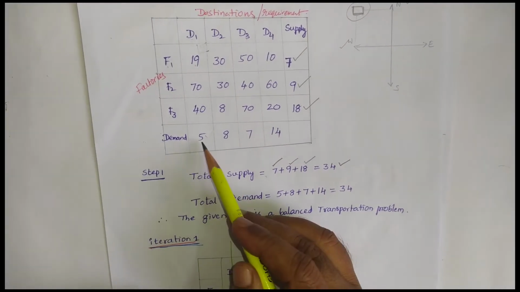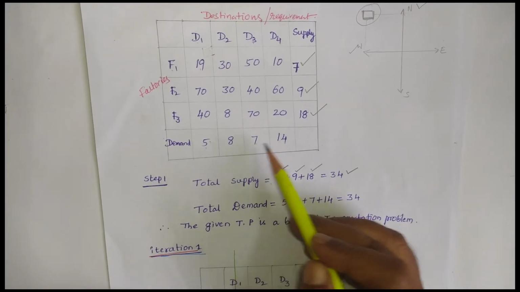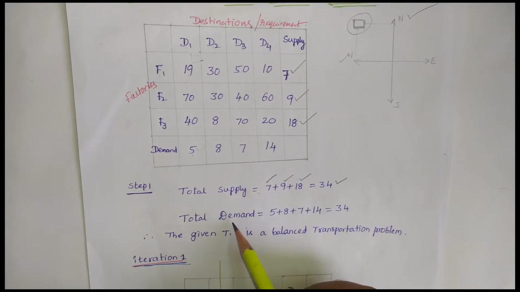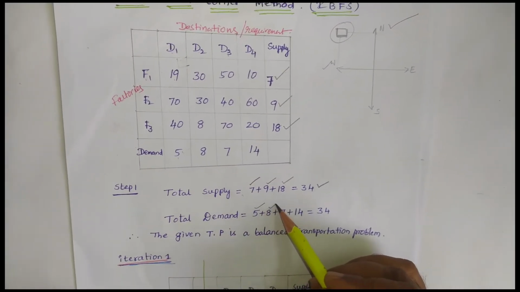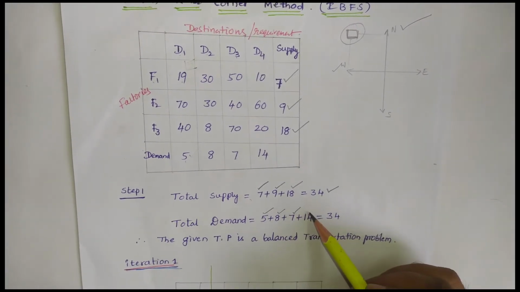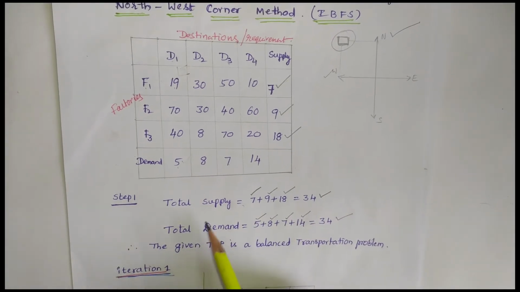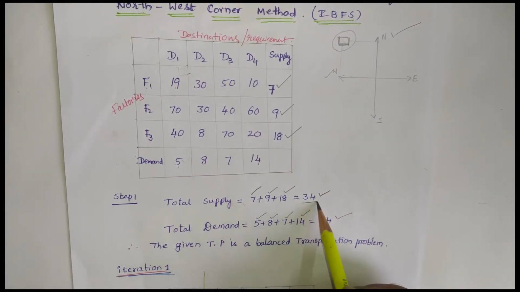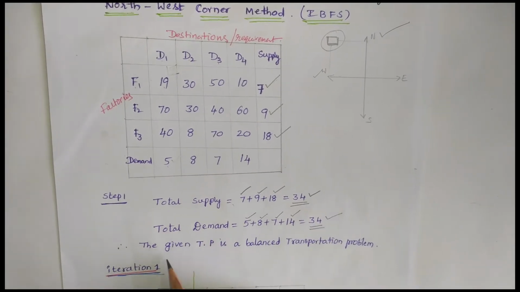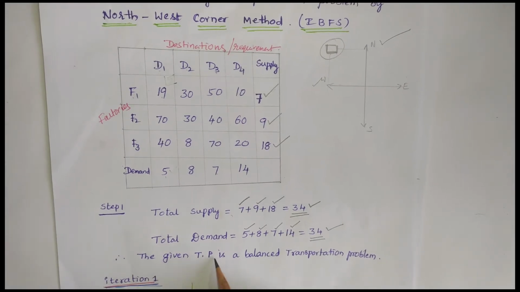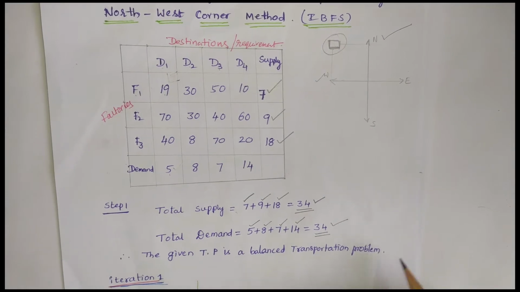Total demand is 5 plus 8 plus 7 plus 14, which equals 34. Total supply is 34 and total demand is 34. That's why the given transportation problem is a balanced transportation problem.